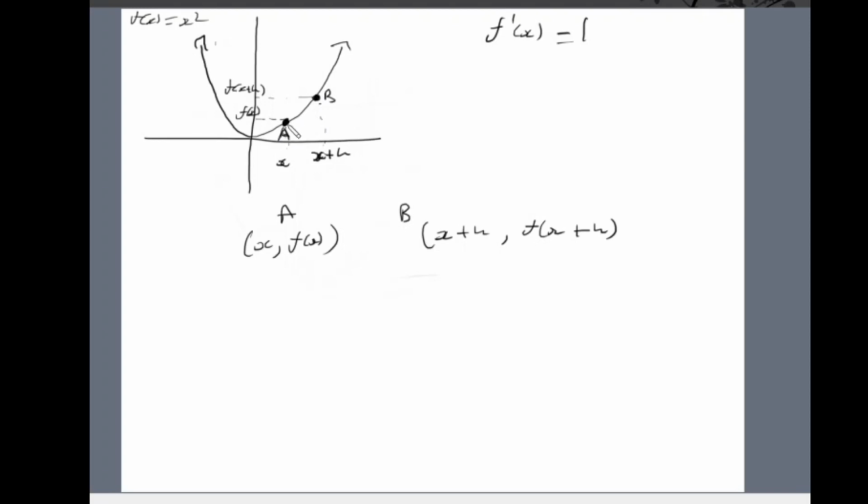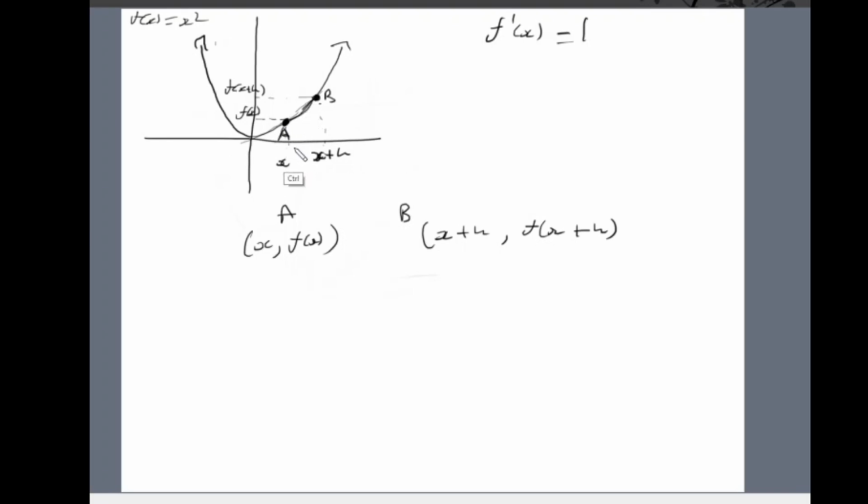To calculate the gradient at this point, we need another point which we can use to have an estimate of the gradient. To calculate the gradient of the curve between these 2 points, we connect a straight line between points A and B and use the average gradient of that line as the gradient of the curve between these 2 points.